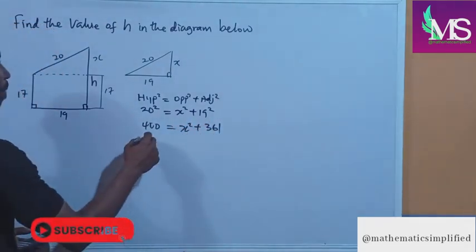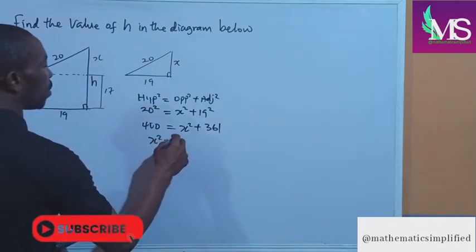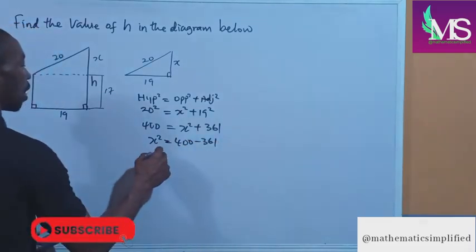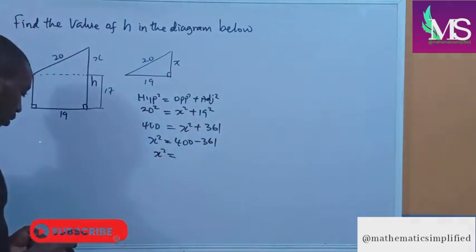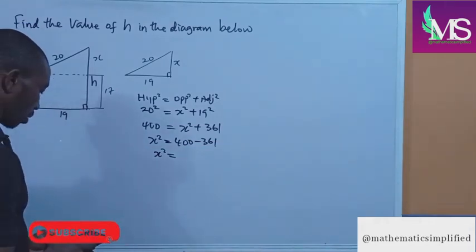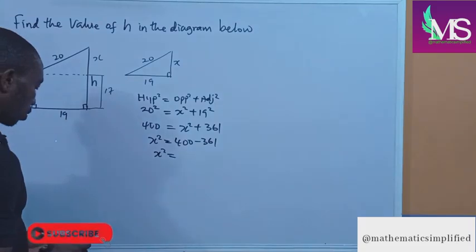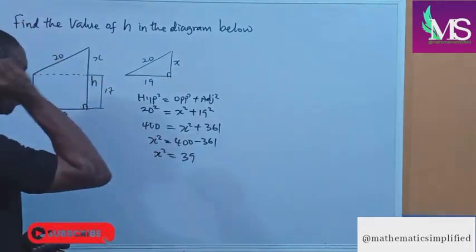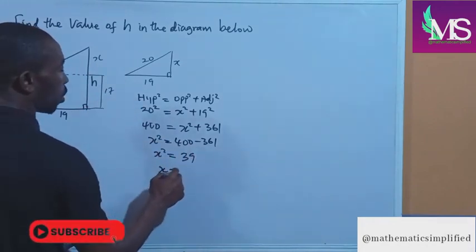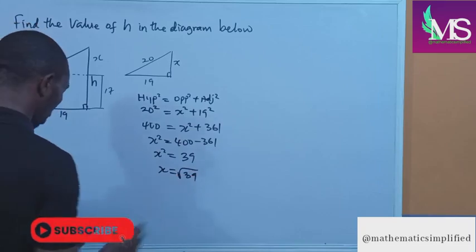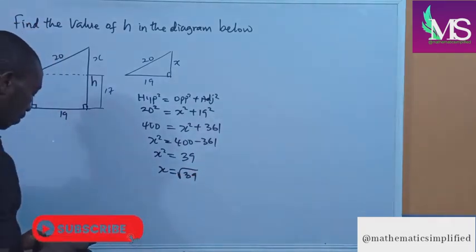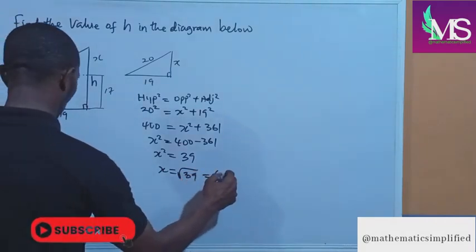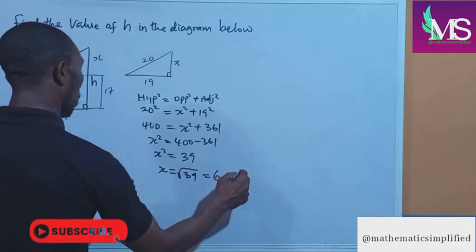Okay, so x squared will become 400 minus 361. So x squared equals 400 minus 361, which will give us 39. Now, knowing that our x will become root 39, root of 39 would give us 6.245.